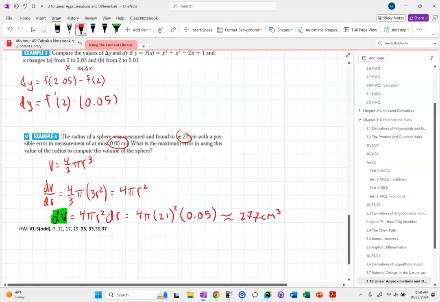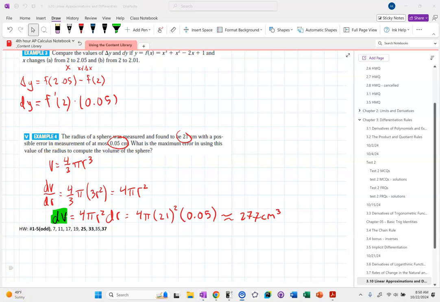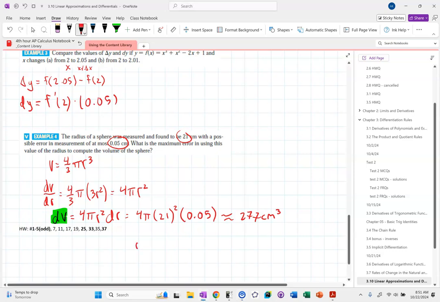What also is quite useful would be relative error. So to do that, I can take my max error over the total.